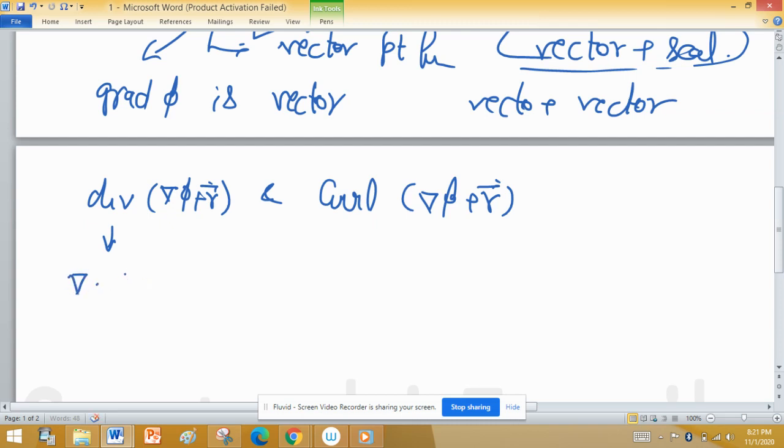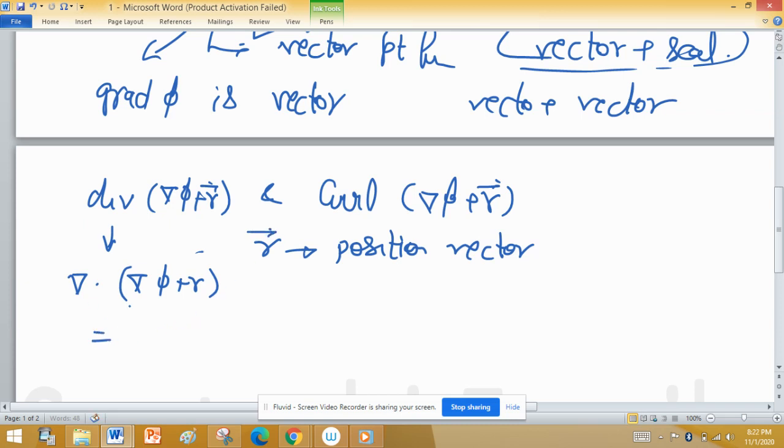Nabla dot del phi plus r, where r is a position vector. So dot product with this gives nabla square phi plus nabla dot r.